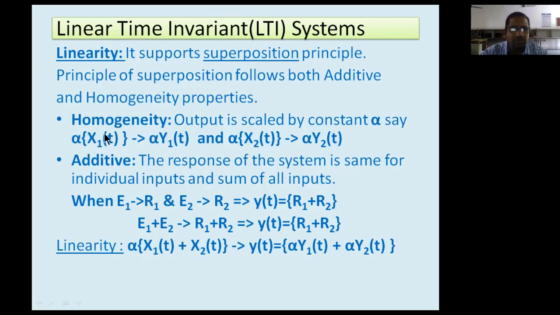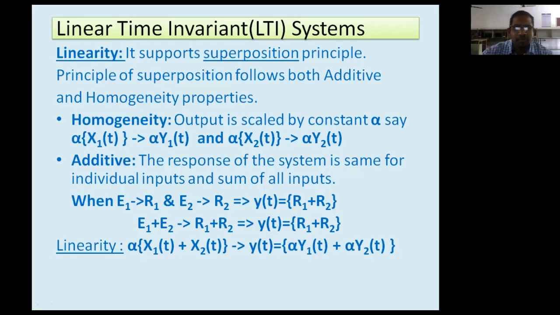If alpha is 1 by 2, 1 by 2 comes over here. So the scaling value at the input is propagated to the output side of the signal. If I give alpha into x of t, it produces alpha into y of t. This property is known as the homogeneity property.